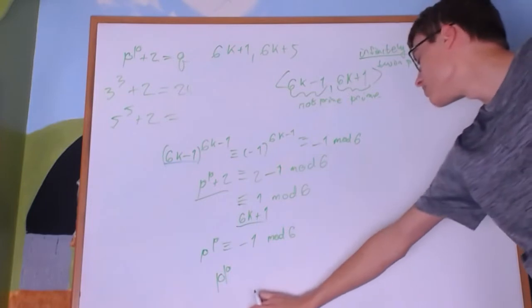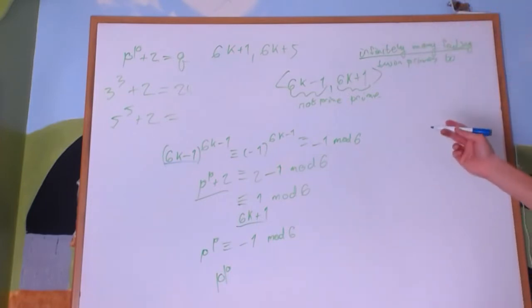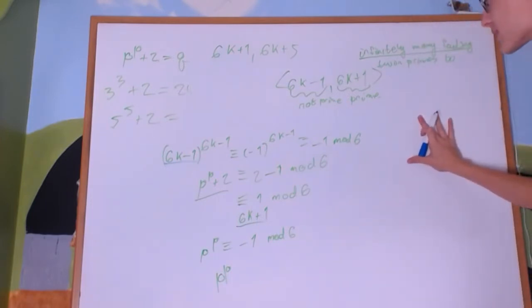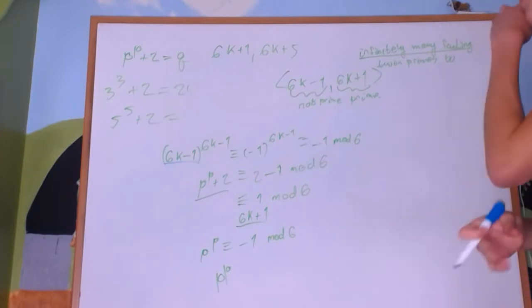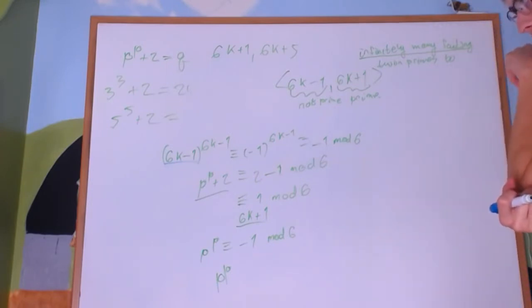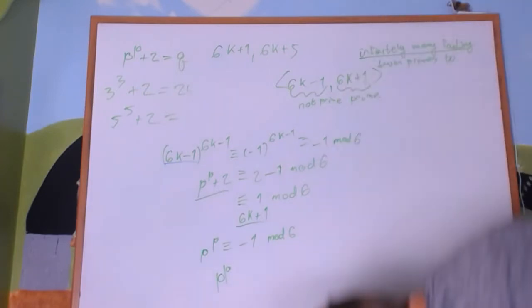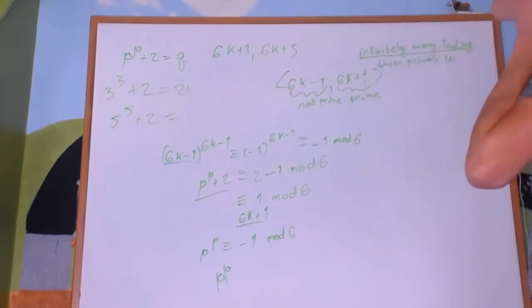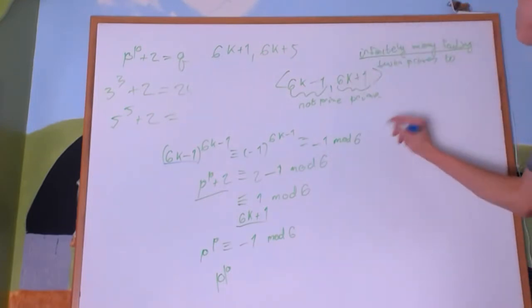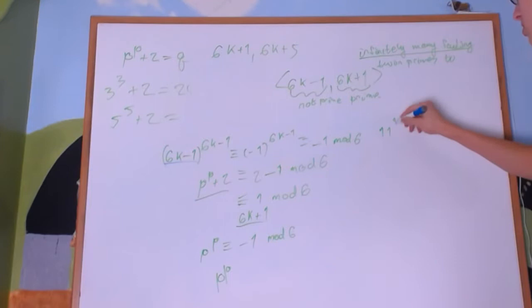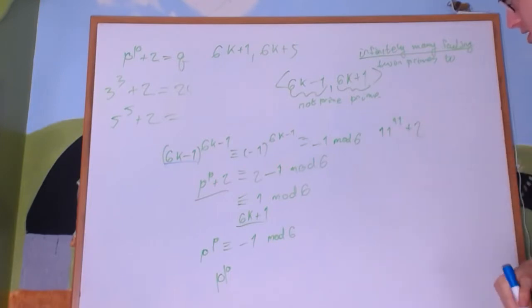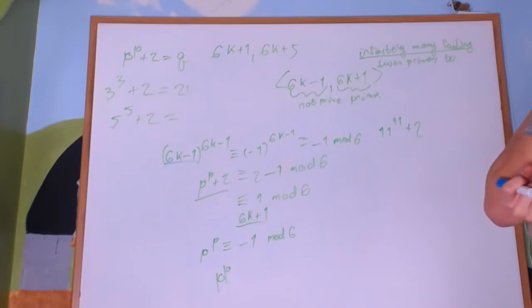Yeah, so what would make it composite, like guaranteed composite? There would be really nothing, right? What's to stop me from saying that 11 to the 11 plus 2 isn't prime?